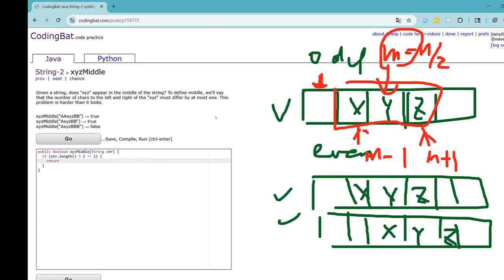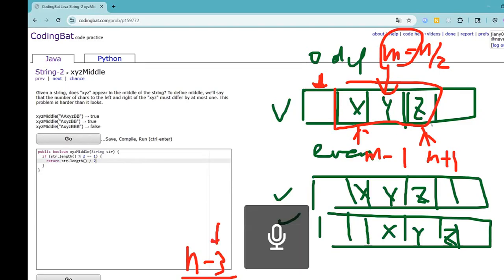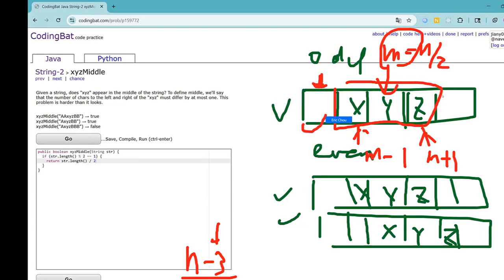So what does n minus 3 divided by 2 mean? What will you get with this? The length of the other characters, these two? Why do you need to have that? Because I want to find the index.